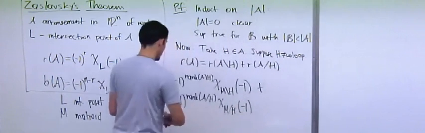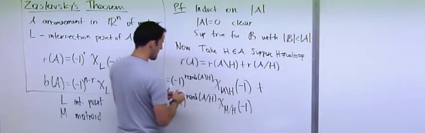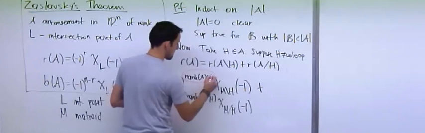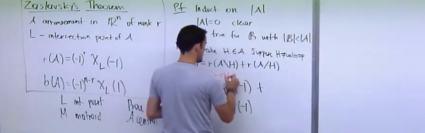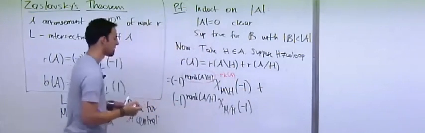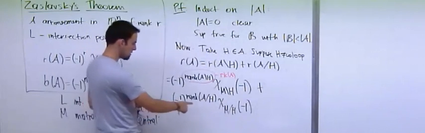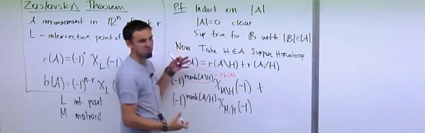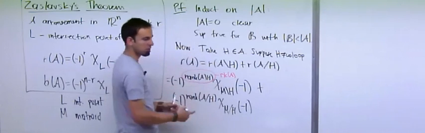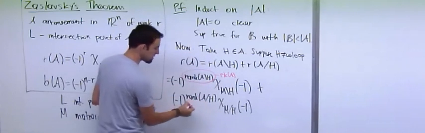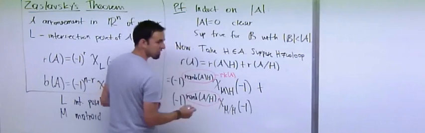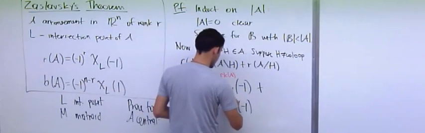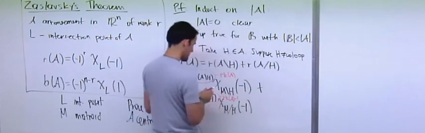So if H is not a co-loop, then this is the same thing as the rank of A. And the rank of the contraction, remember that here the arrangement actually drops one dimension. This is an arrangement living in hyperplane H. So actually when you do this, the rank drops by 1. Okay?